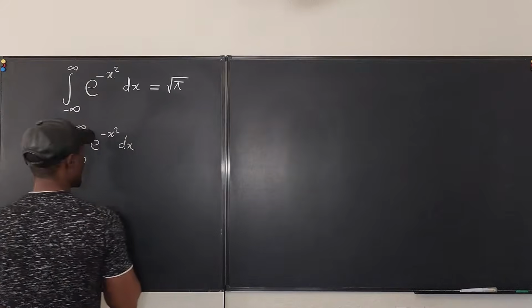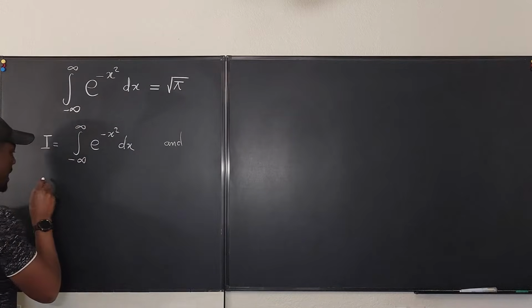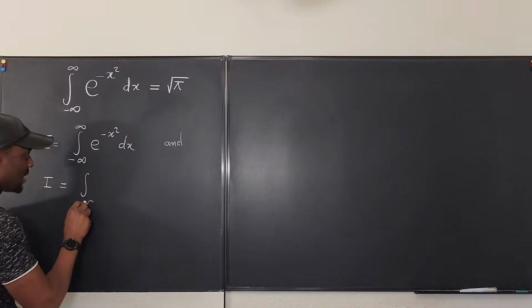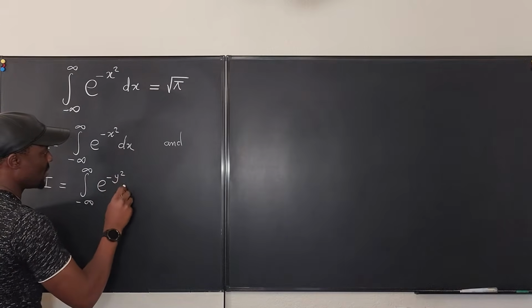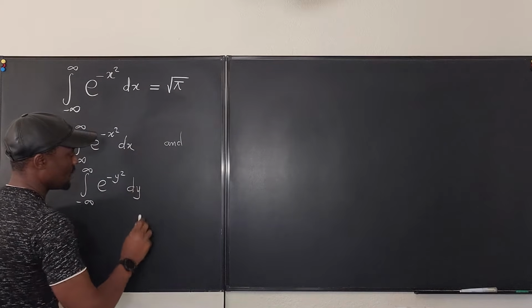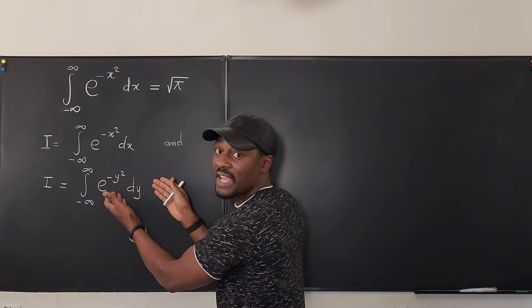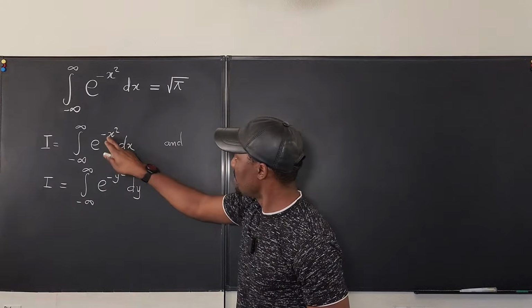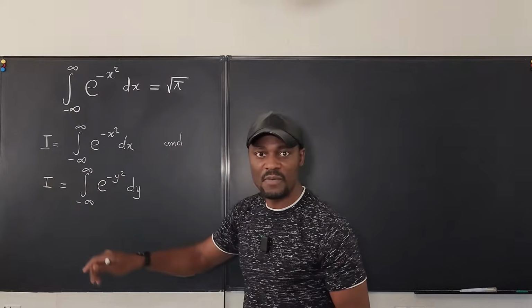So I could as well say, let I also be equal to the integral from negative infinity to infinity of e to the negative y squared dy. If I was given this problem and I integrate it, I would get an answer, which I call I. If this was the variable I was given, I'll get the same answer.